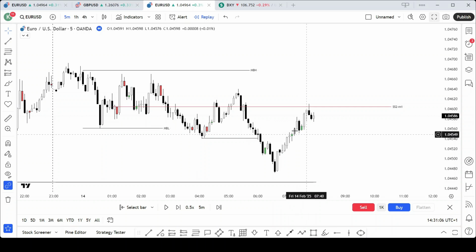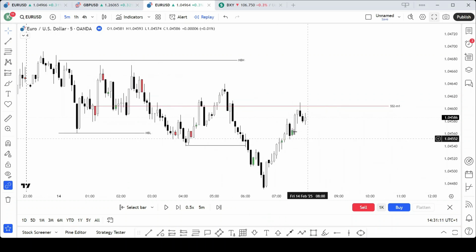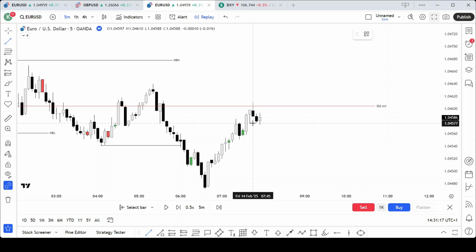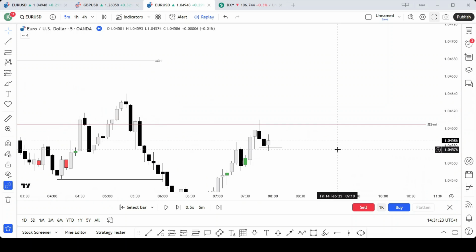I'm going to show you all of those 3, so make sure you pay attention. At 7:55 we already saw a sweep of the previous candle. So this is actually an indicator that our bias, our direction, is correct.